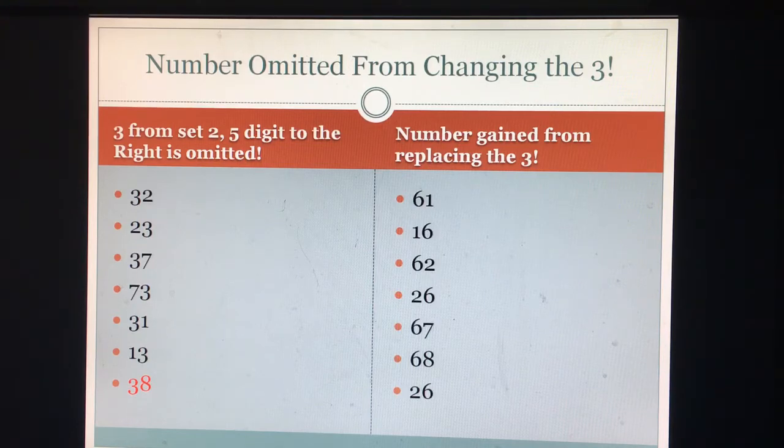As you can see, you lose 6 numbers and you gain 7 numbers. Now you ask yourself the question, is this a wise decision? Do you keep the 3 or do you lose the 3?